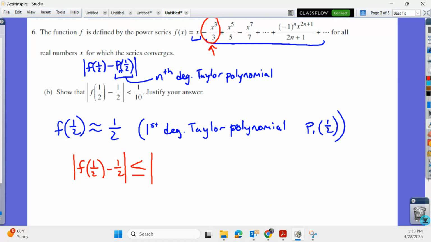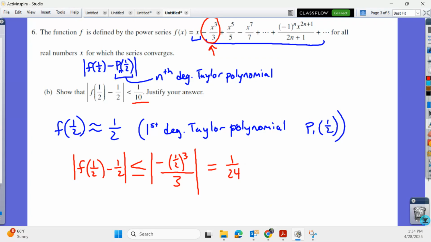So absolute value, and you can put the negative or leave it off because it's in an absolute value, 1/2 cubed over 3. And 1/2 cubed is 1/8. The negative doesn't matter. So I have 1/8 over 3, that's 1/24. And 1/24 is our error bound.